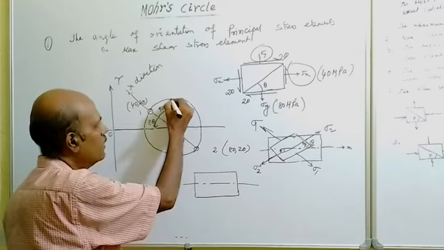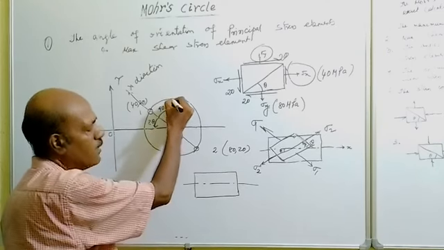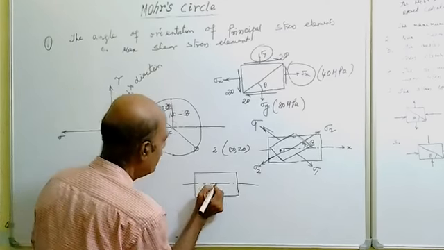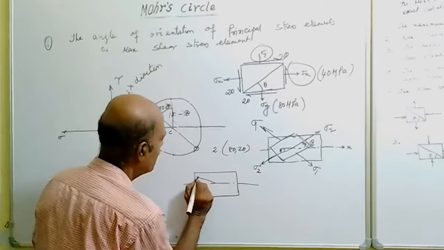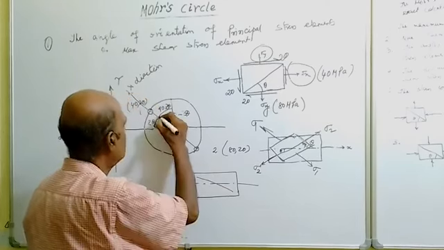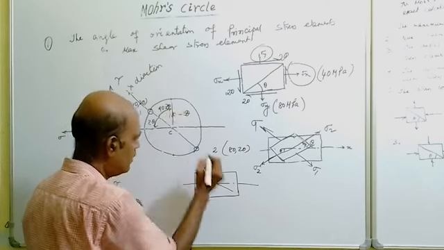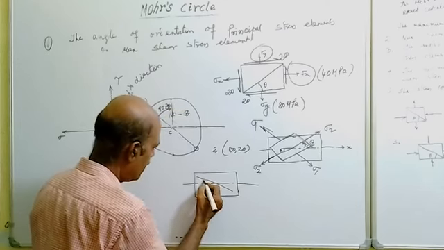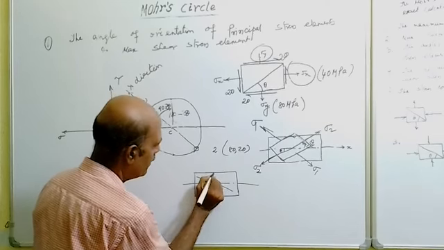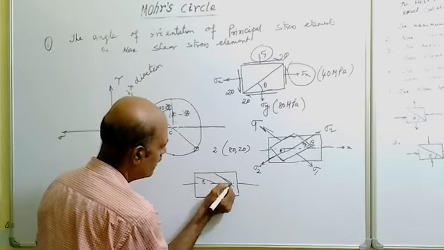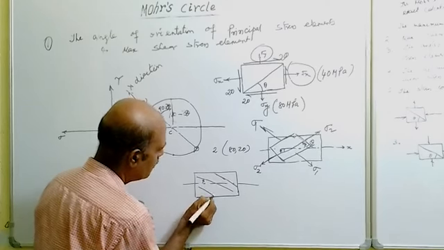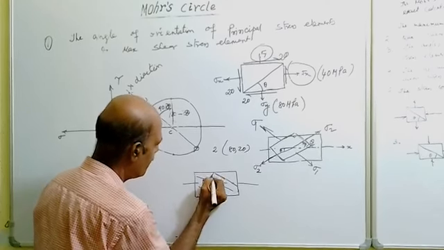So we will get this point, the point just above the center of the Mohr circle. Then here we will rotate this x direction in the same sense, that is in clockwise sense. So here also we are rotating in clockwise sense, and draw parallel lines to this, and then draw the perpendicular here.